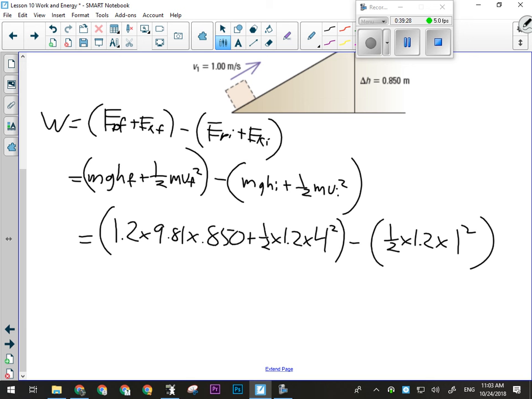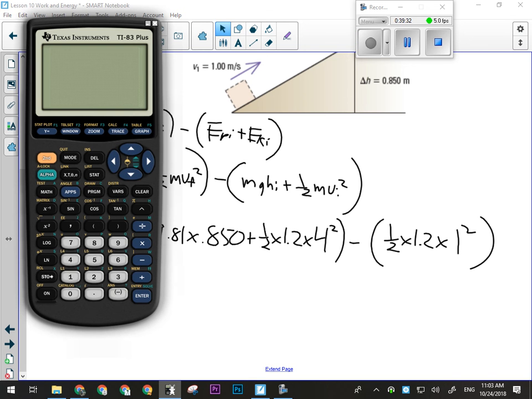Now all I have to do is punch that into my calculator. Oh, I put a bracket on there when I didn't need to.